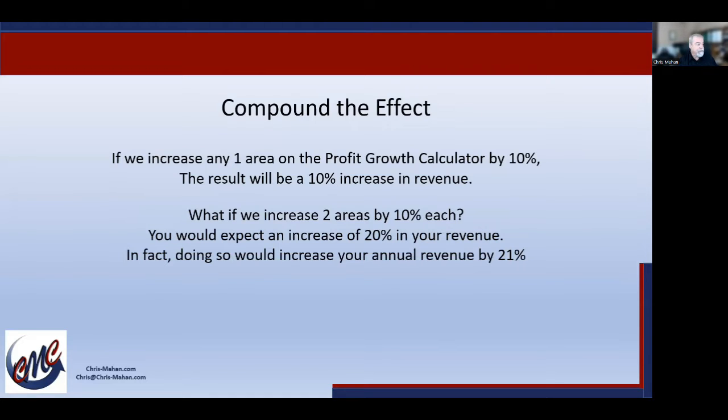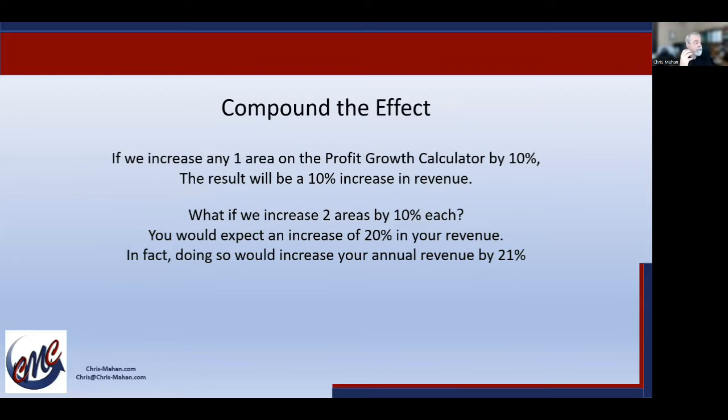But what happens if we increase both the number of transactions and the amount spent in each of those transactions? And we did so by 10%, each of them. That would mean that now we have 2,750 transactions times $110, which is $302,500. That's an additional $52,000 in annual revenue, which is a 21% increase.